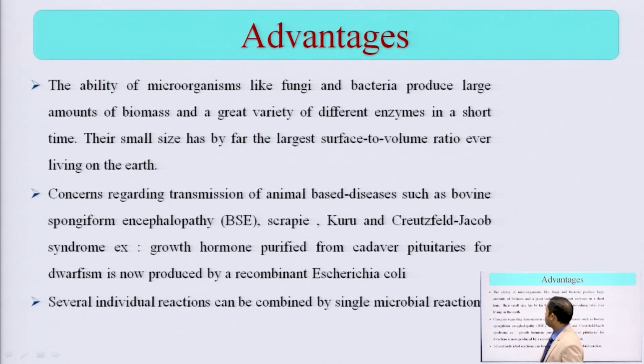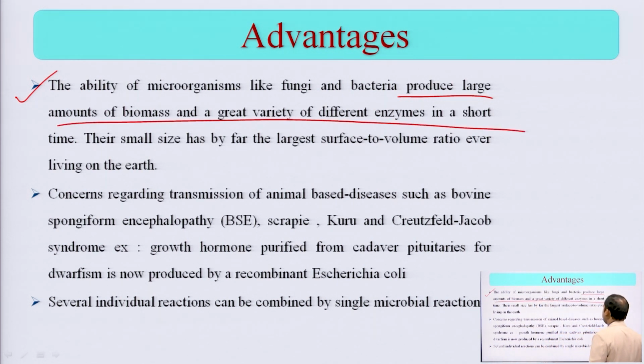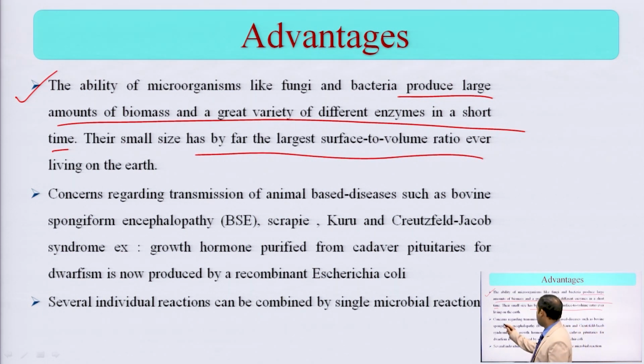If I tell you more, the ability of microorganisms like fungi and bacteria to produce a large amount of biomass and a great variety of different enzymes in a short time. Okay, very short time will be required. The small size has by far the largest surface to volume ratio of anything living on the earth.